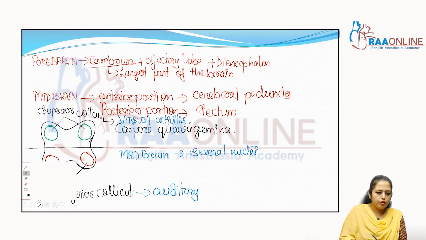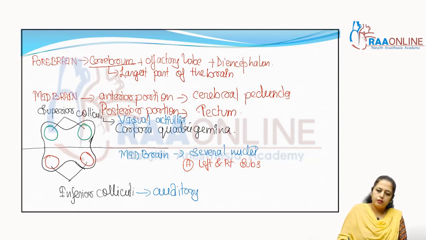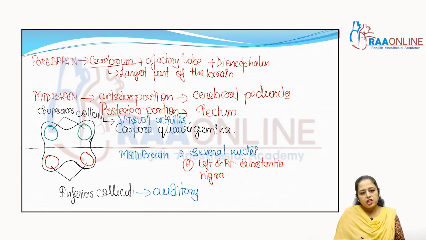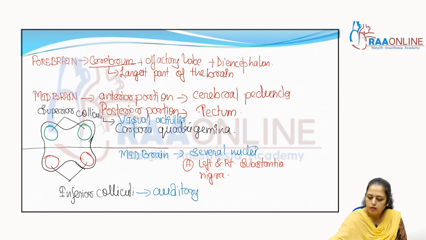Which kind of nuclei are there? The left and right substantia nigra. It's very important, that substantia nigra, which are large and darkly pigmented nuclei.